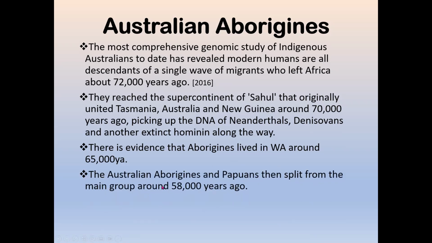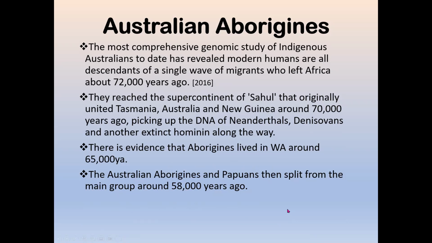Now the Aborigines and the Papuans split from the main group about 58,000 years ago. By that stage the land mass had separated even more, so they just weren't in communication anymore.